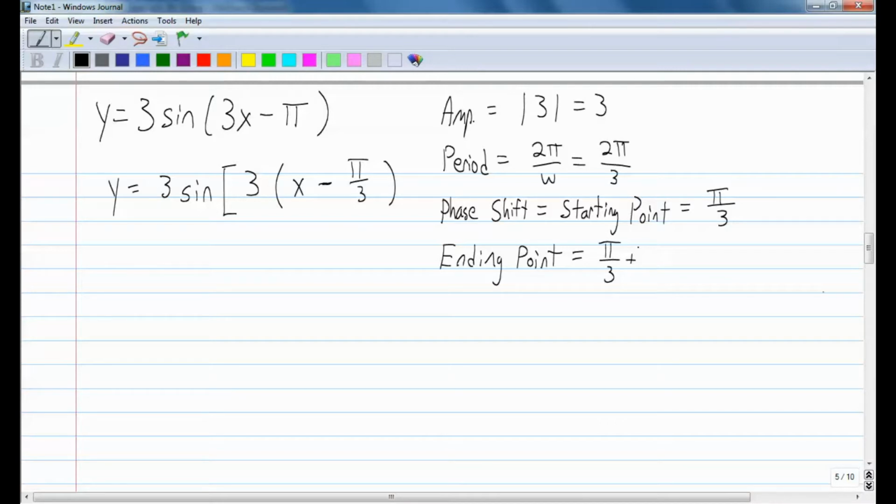So the starting point of the graph plus the period will give me my ending point. So pi over 3 plus 2 pi over 3, that's 3 pi over 3, or pi. So that means that I can draw one complete period of this graph between pi over 3 and pi.